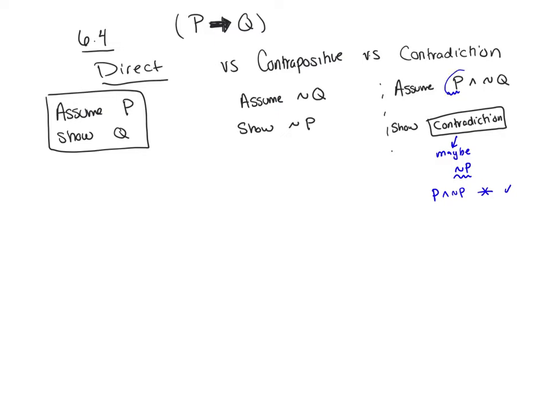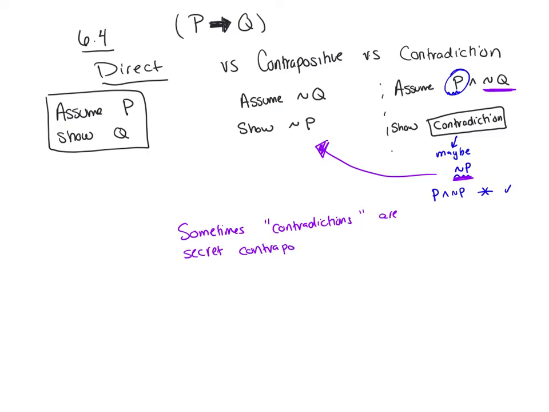If you never used P, then all you really did in this proof was assume not Q and produce not P. So really, that was a contrapositive. So sometimes contradictions are secret contrapositive proofs. And if you can write a proof as a contrapositive instead of a contradiction, that's generally better.